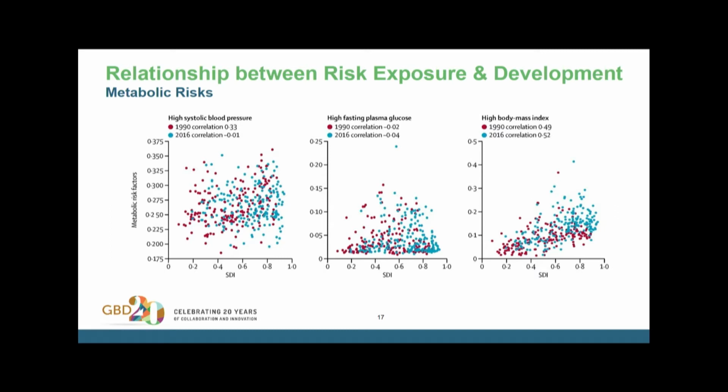This slide shows the relationship between development and risk exposure to the top 3 leading metabolic risk factors. Among these 3, only BMI was positively correlated with development. The higher the level of development, the higher the exposure to high BMI.